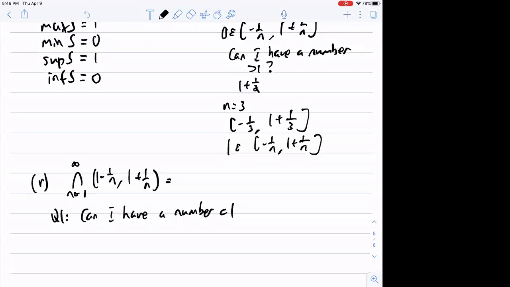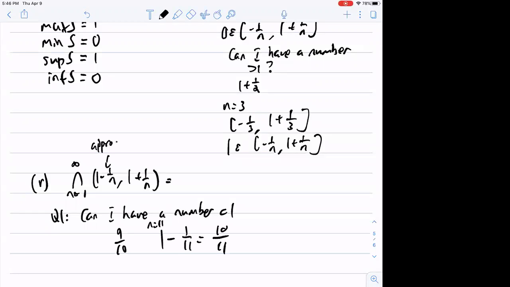Let's say I had 9/10. For n large enough, say n equals 11, this is 10/11, and 10/11 is bigger than 9/10. The idea is that 1/n goes to 0, so this term is approaching 1.